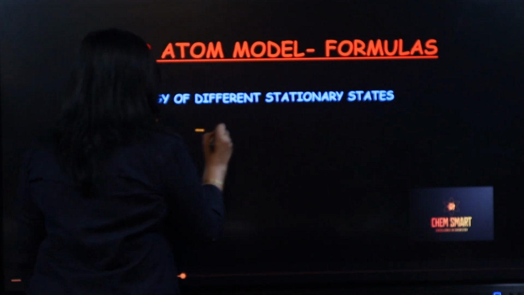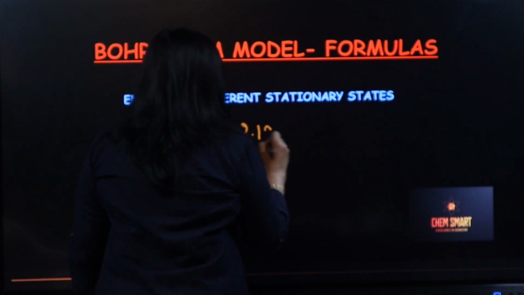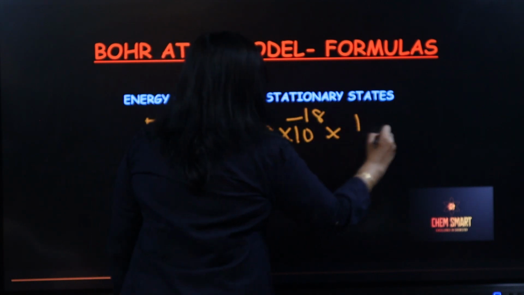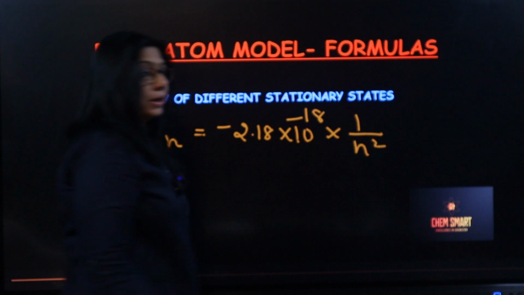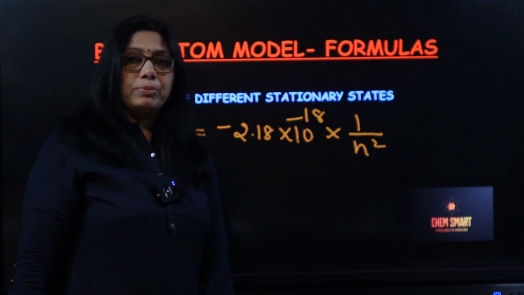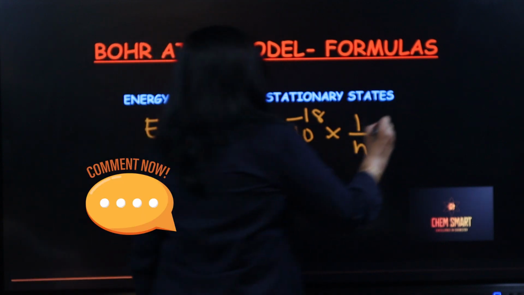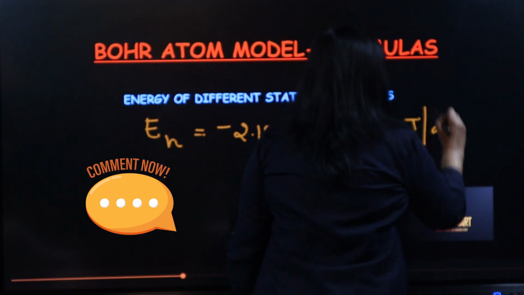So the formula will be minus 2.18 into 10 raised to minus 18 into 1 by n square. This is for hydrogen atom, and the unit is joule per atom.